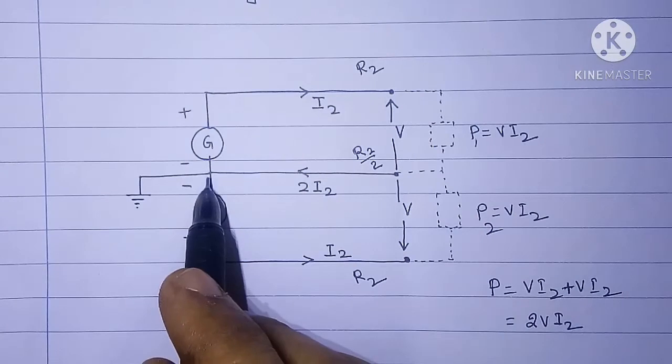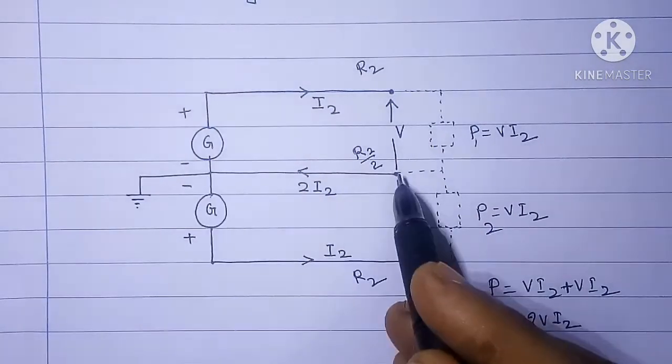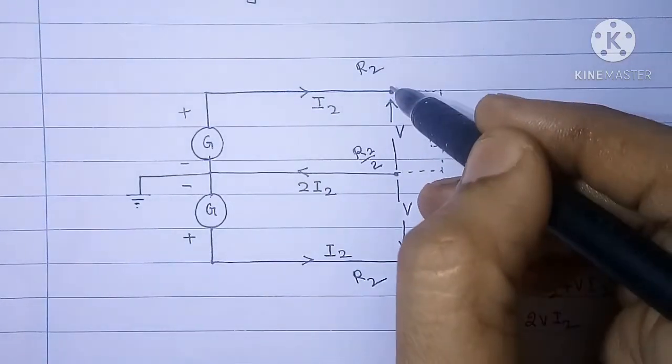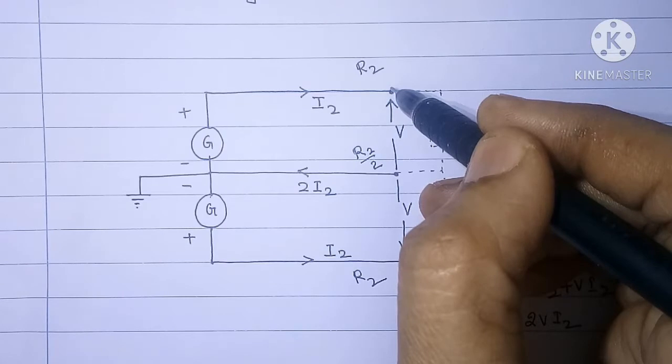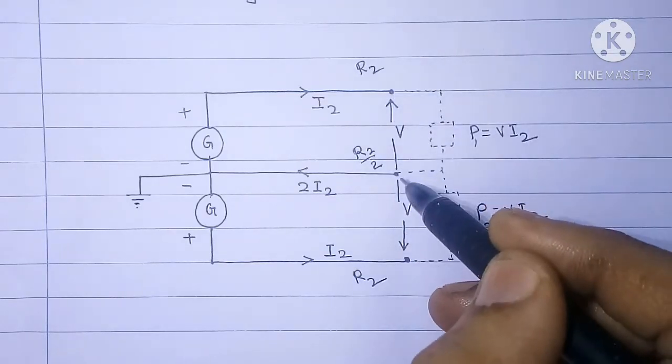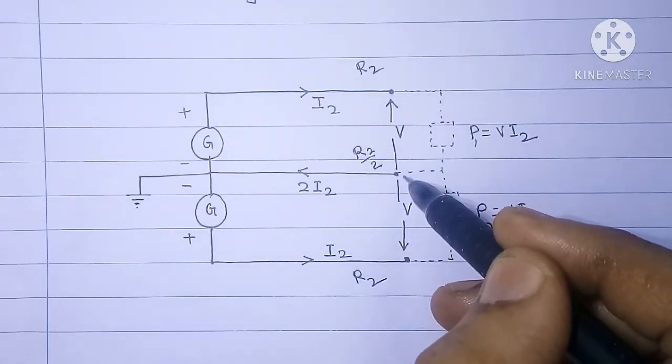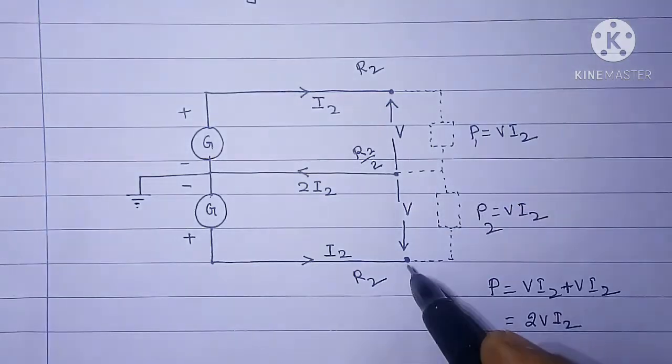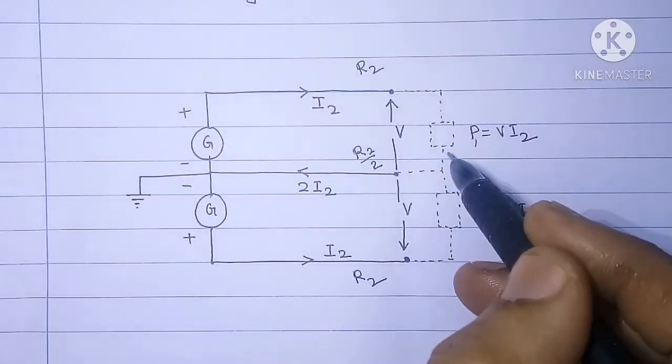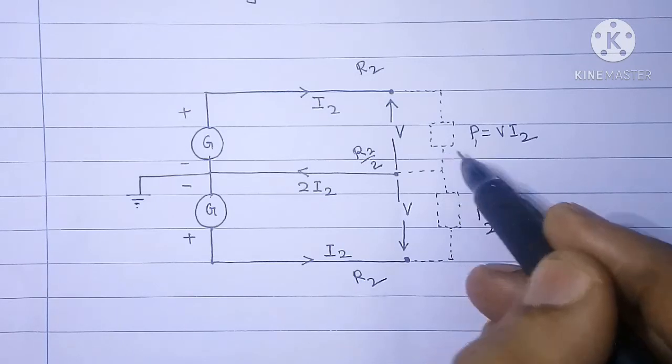And there is a conductor running from the midpoint to the load point. Between positive terminal of one generator and the midpoint and also the positive terminal of other generator and the midpoint, we can connect the loads.